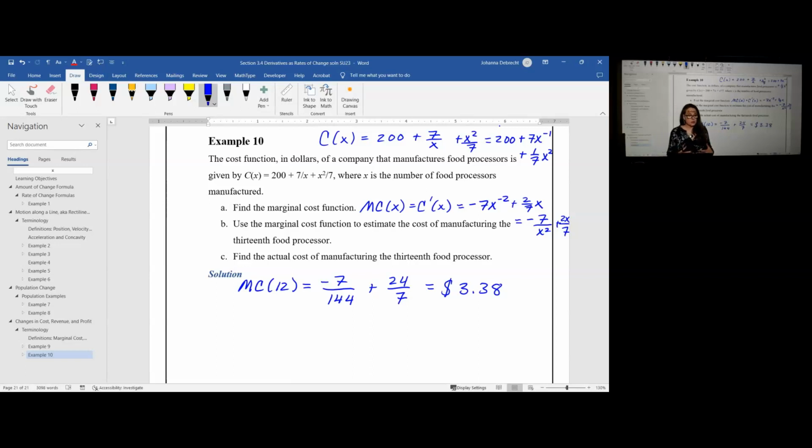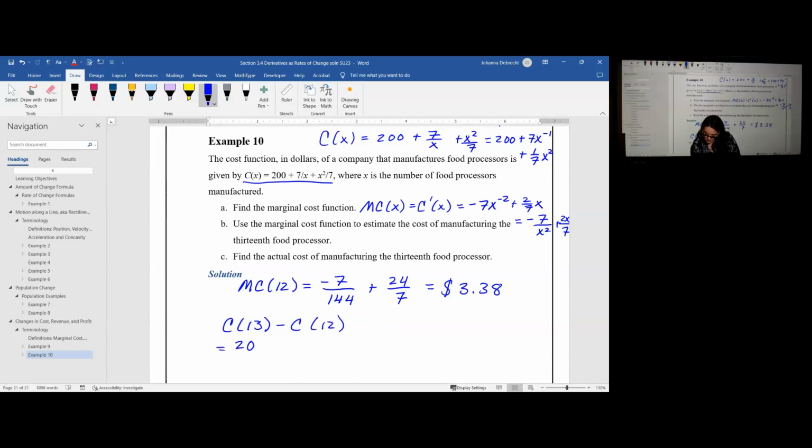Now, the actual cost would be given by the difference between the cost of 13 versus the cost of 12. So let's use the cost function up here to compute the cost of 13 food processors and subtract the cost of 12 processors.